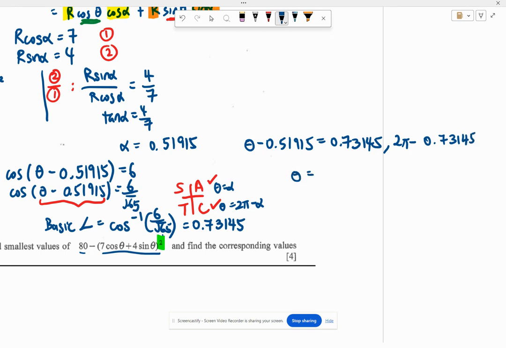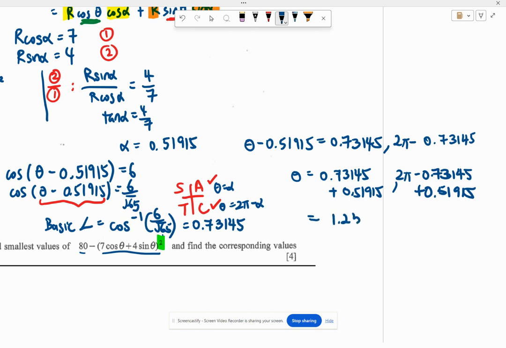Last step will be to add 0.51915 to the two angles. So I'll get, and we'll get these two answers, 1.25 or 6.07.